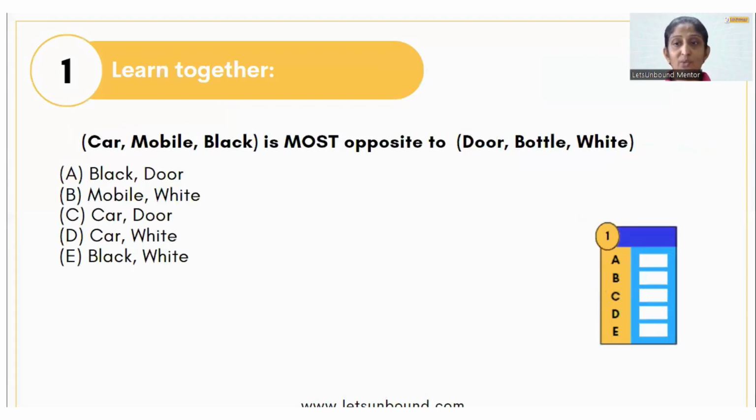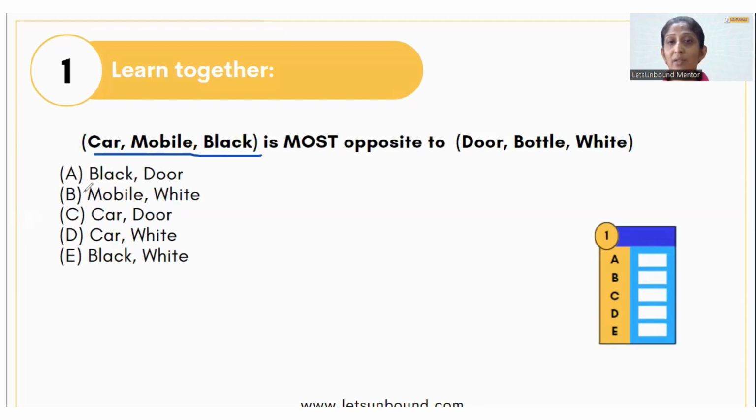Now the question reads, what we have to do here is there is one set of the bracket which gives three options and we have to choose the similar option with the relation given here from the other bracket. Now the relation says opposite.